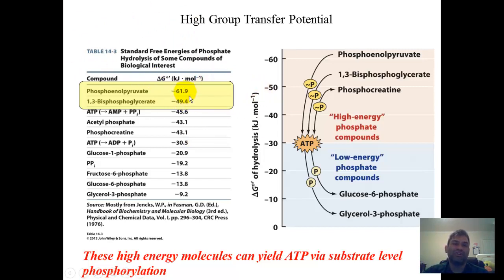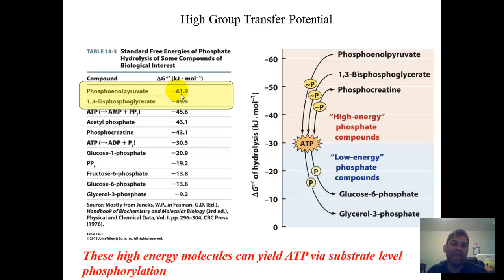Same thing with phosphoenol pyruvate, a very high energy, highly charged molecule. When it releases its phosphate to produce ATP, you release minus 62 or so kilojoules per mole. That's a lot of energy that can be captured for the cell for purposes of doing other things or for just entrapping that potential energy in the form of ATP.